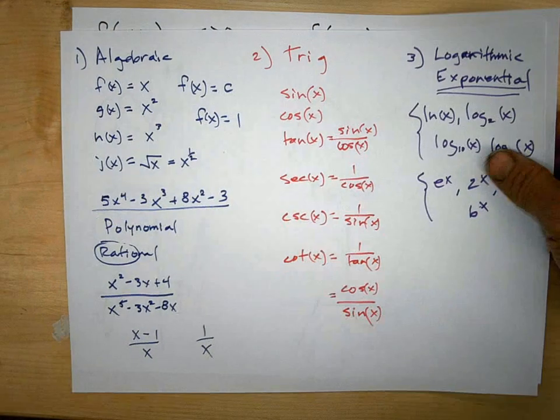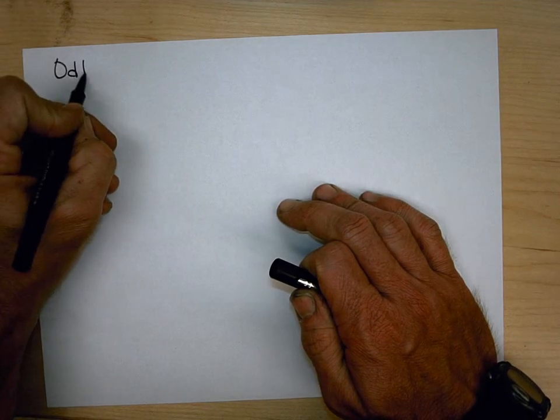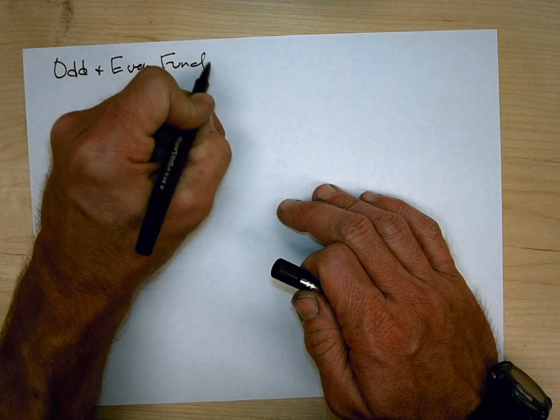Okay, last thing that I want to discuss, I believe, is an idea. It's actually related to something we've talked about already in terms of symmetry. The idea of odd and even functions. All right.